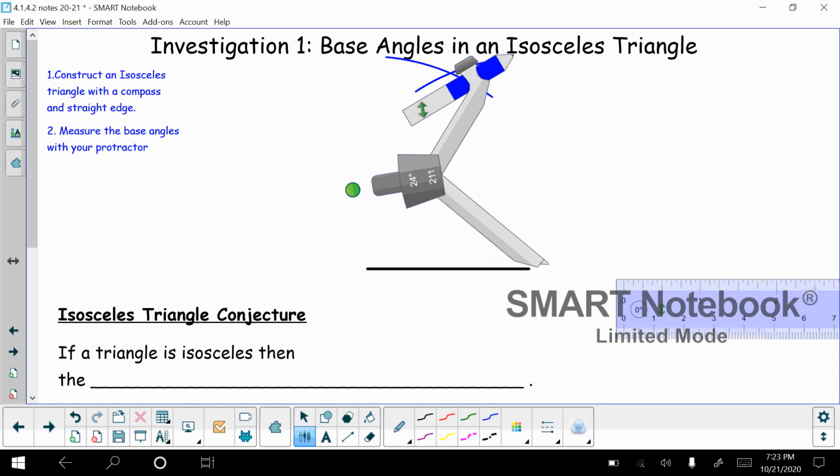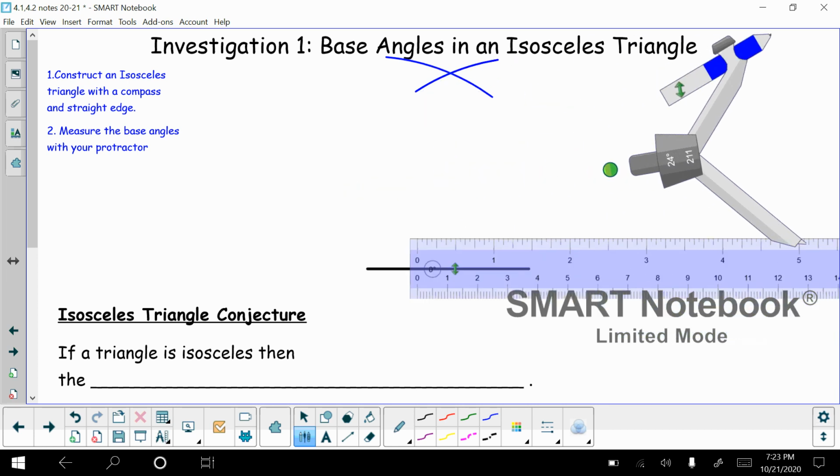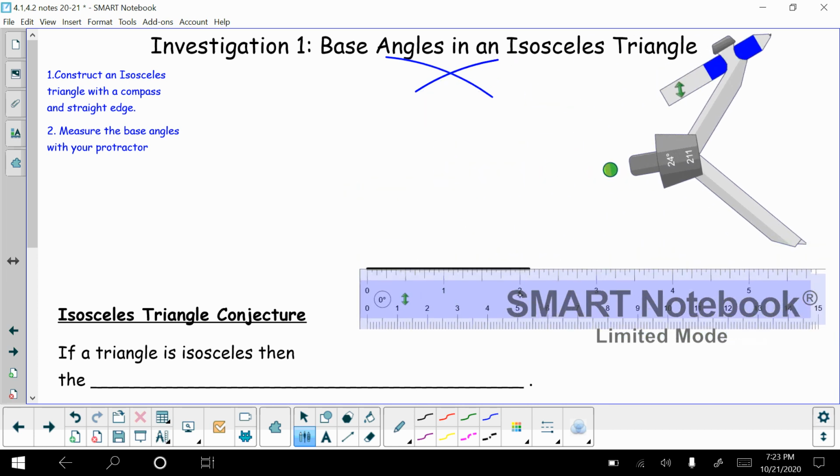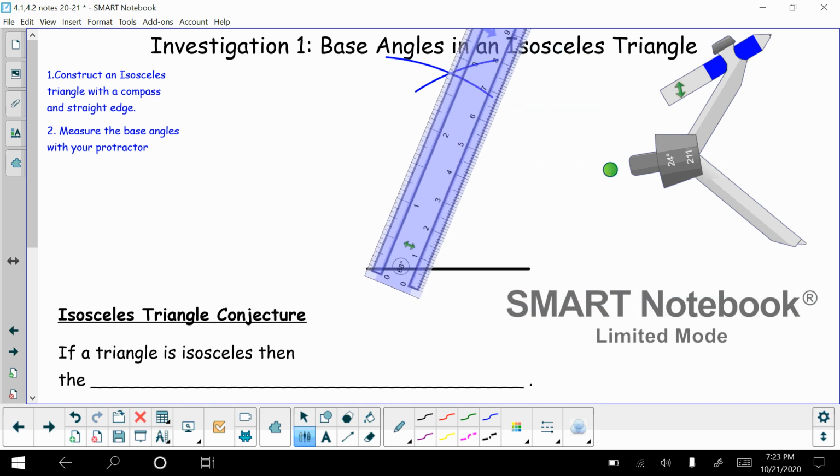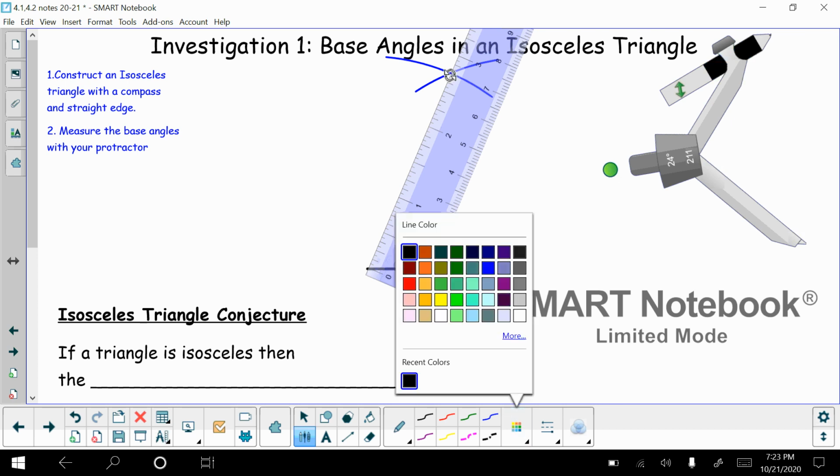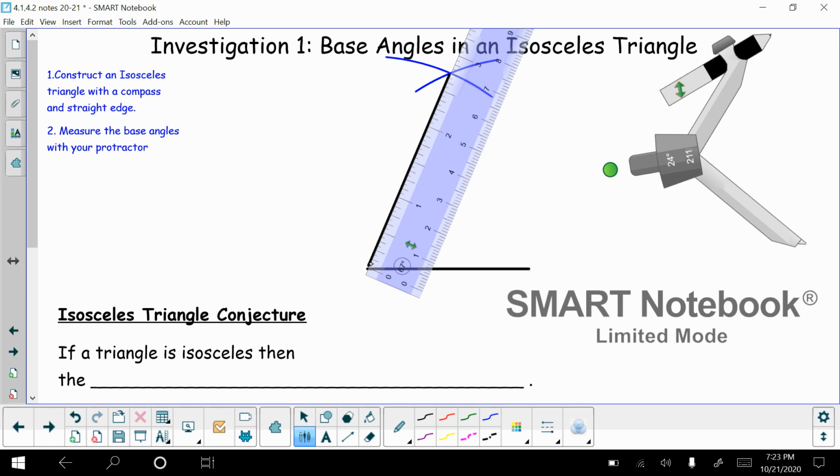And I notice I didn't change my compass setting. I just left it the exact same measure. So now to make the actual triangle, since I used the same measure to make those two arcs intersect, all I have to do now is connect from there to there.